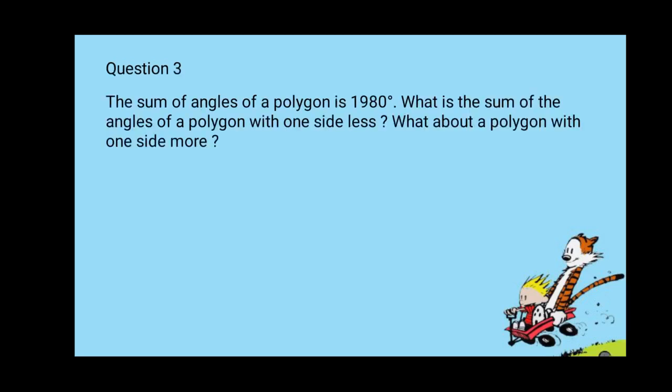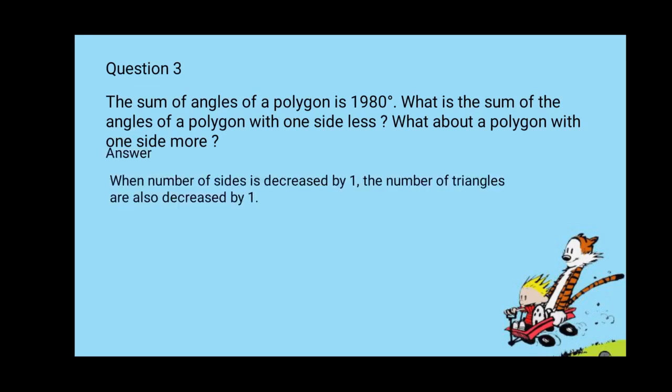Question 3. The sum of angles of a polygon is 1980 degree. What is the sum of the angles of a polygon with one side less? What about a polygon with one side more? We can look. First, consider the question. What is the sum of angles of a polygon with one side less?